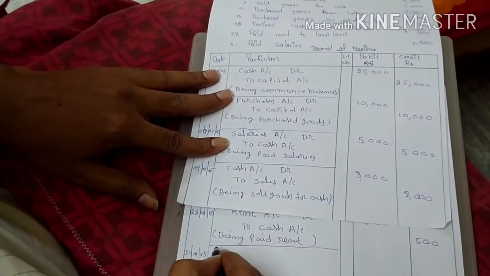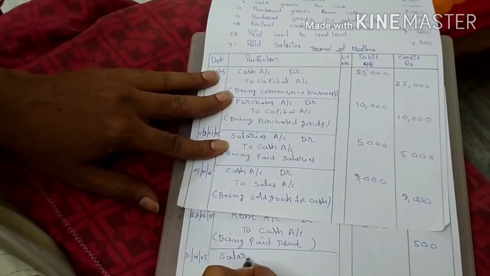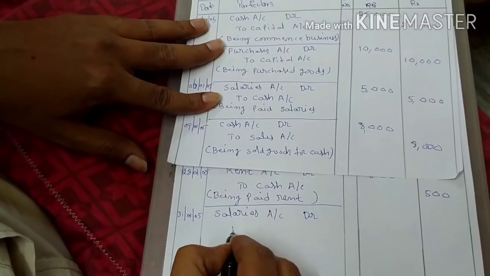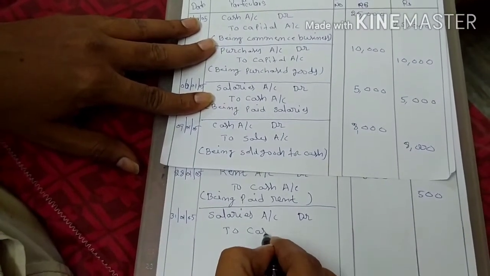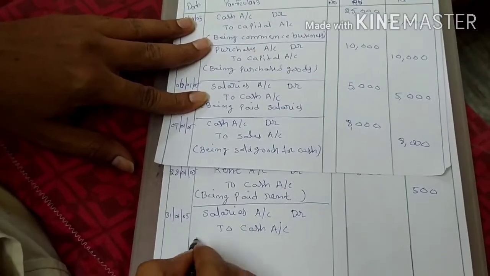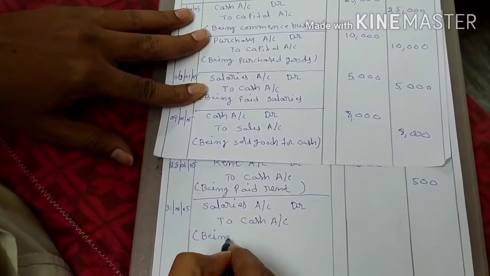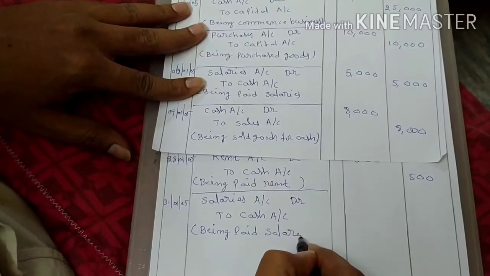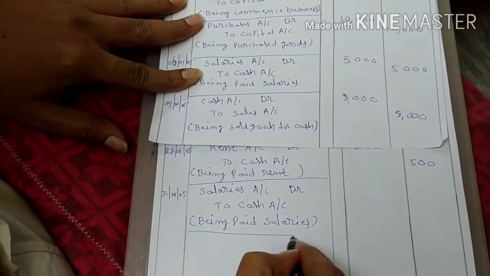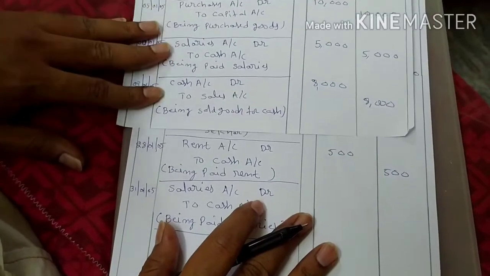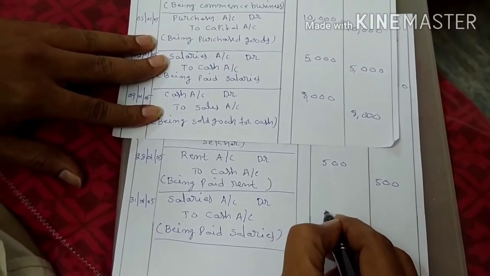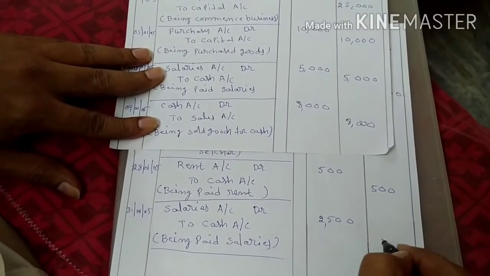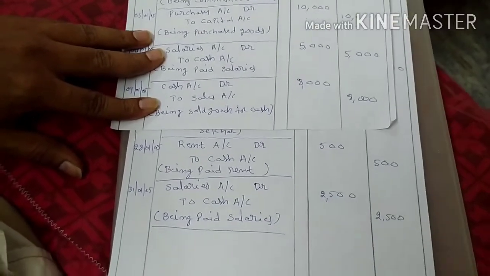Salaries account debtor to cash account, being paid salaries. Amount 2,500 rupees.